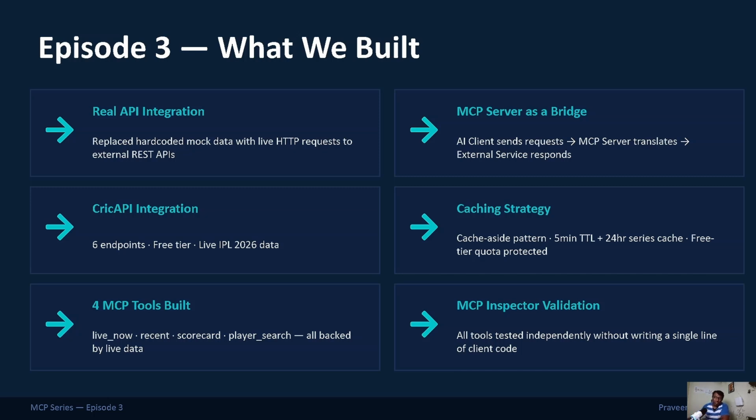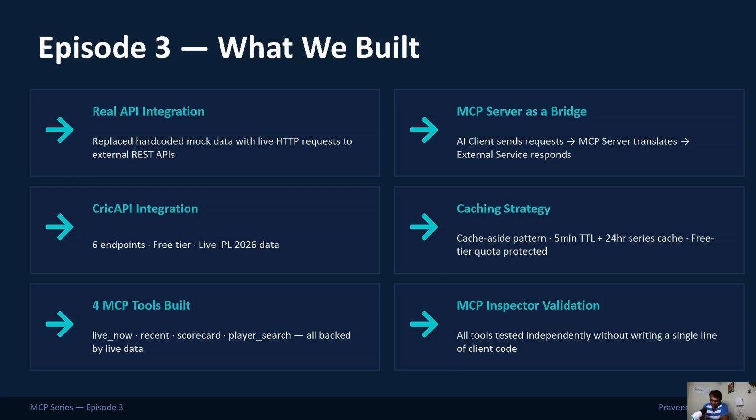We also implemented a smart caching strategy to reduce API calls, improve performance, and stay within free-tier limits. And finally, we tested everything using the MCP Inspector without writing any client code. At this point, we now have a fully working MCP server powered by real data.